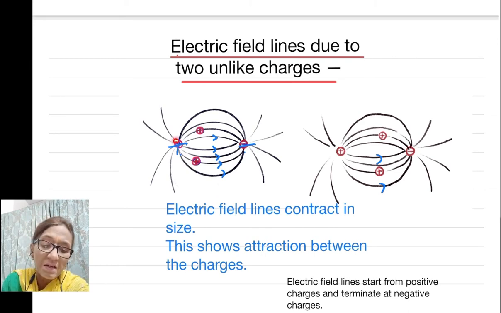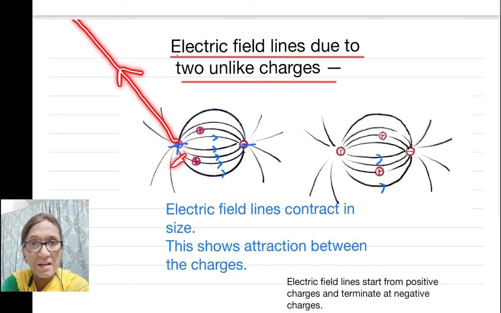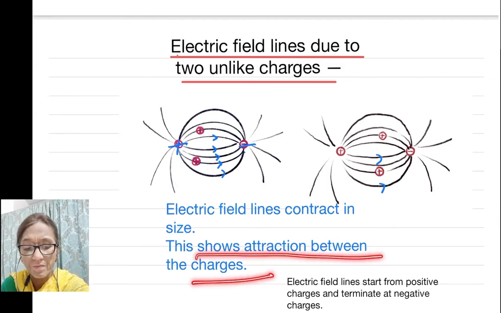And as we discussed, these electric field lines go up to infinity for a single source charge. Now the scenario has changed. The length of this electric field line is reduced. There is contraction in the length. When it goes from positive to negative, its length is reduced, and this reduction shows attraction between the two charges.